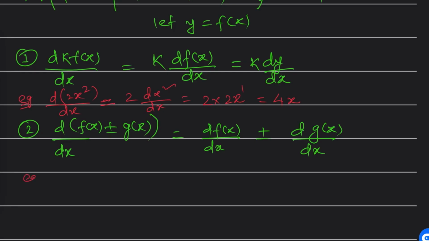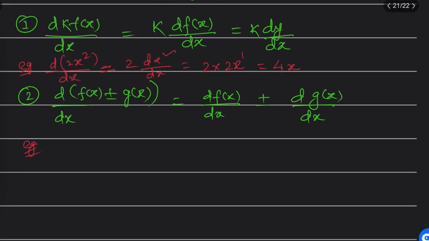Similarly, let's take another example: differentiation of x power 3 minus 2x with respect to x. First you differentiate x cube, then minus the differentiation of 2x with respect to x.